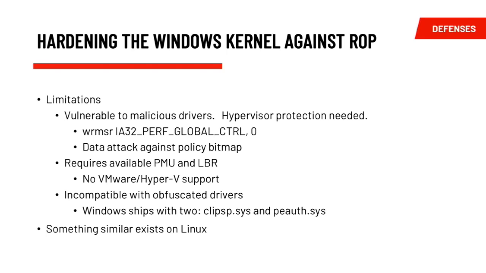Because they're obfuscated, they do weird things like push ret that make it difficult to determine all the legitimate return sites. So we currently have to ignore all returns into those drivers, which creates a huge gap. This could be addressed by Microsoft if they were to have their obfuscating compiler emit a list of valid return sites while it's doing its obfuscation, and then those return sites could be used for policy generation.